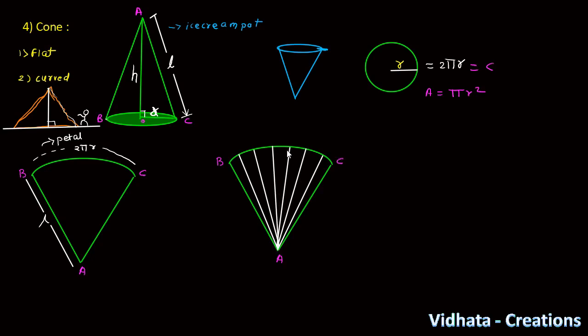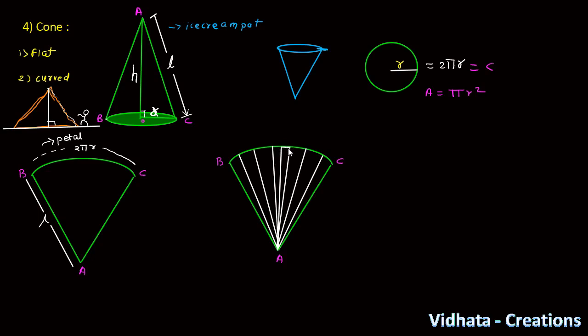But if you observe this, actually these shapes which you are getting are just like a triangle. Now suppose this triangle. If you see this length, it will be a segment.